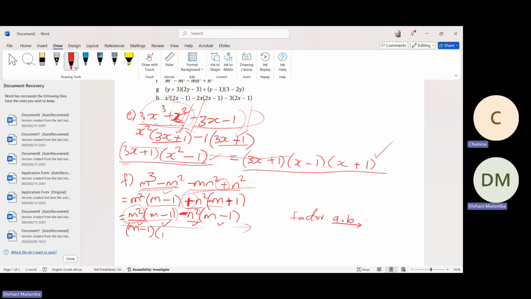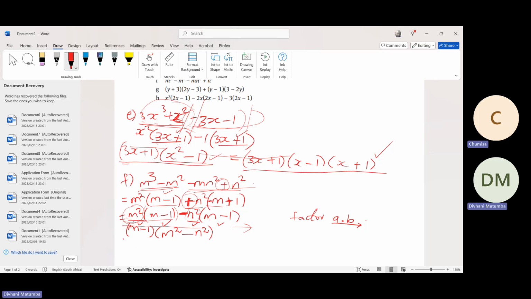If we take out m minus 1, we'll be left with m squared. You agree? Yes, sir. M squared. Then on the other side, I'll be left with minus n squared. N squared, sir.